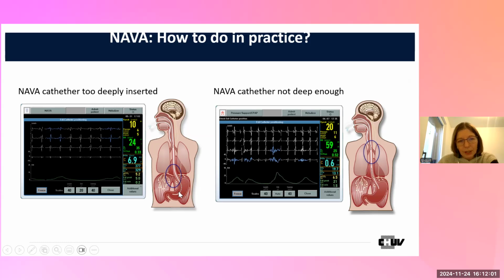Then you only see them here. And oppositely, when the blue lines are in the bottom, this means that the catheter is not deep enough. Then it has to be changed to have a good signal to be able to deliver a neurally adjusted ventilatory assist. Of course, this requires some training, but it's not so complicated in practice.